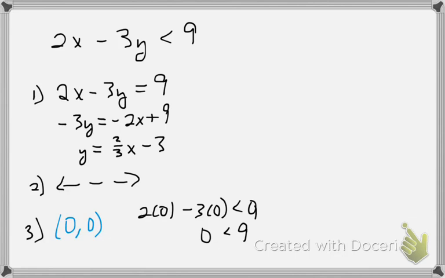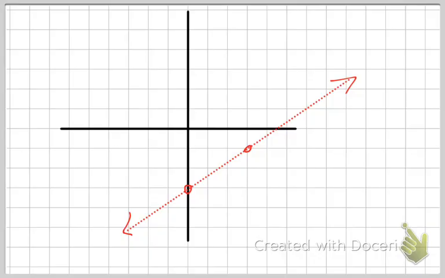Is that true or false? Yes. 0 less than 9 is true, right? So that means this test point was on the true side. So we will shade.